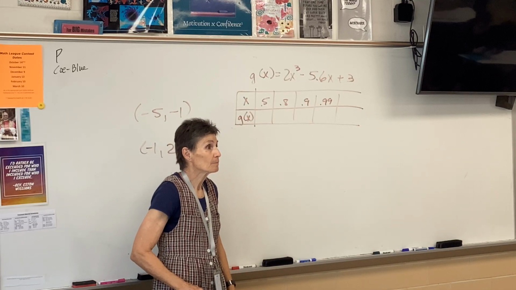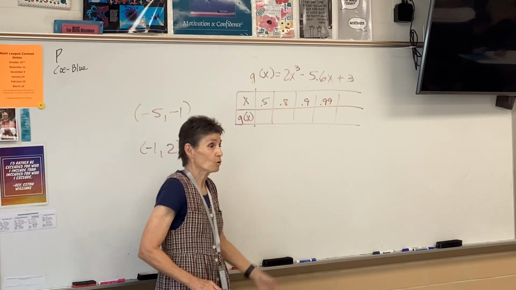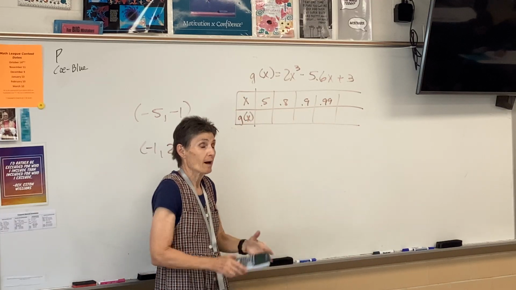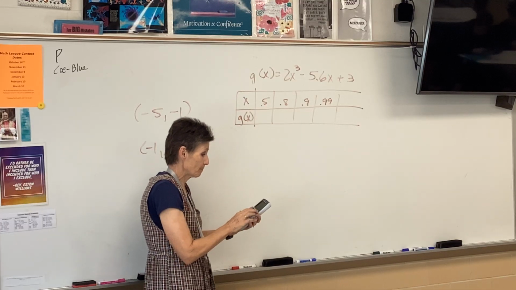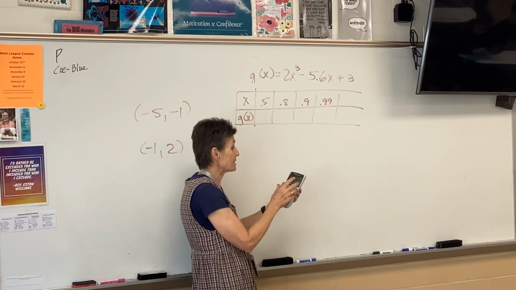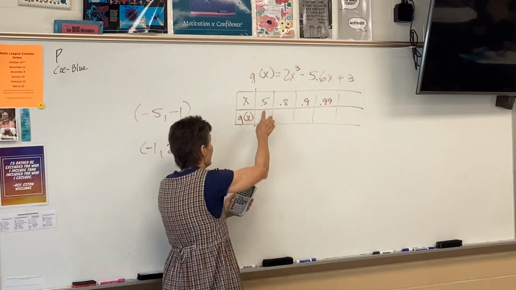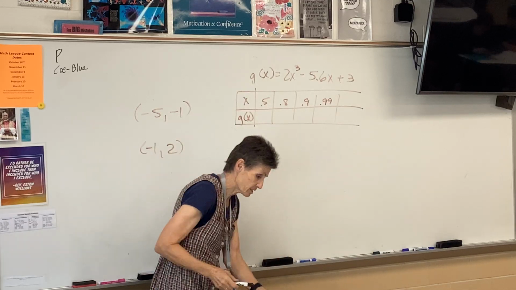Celeste? Plug the equation into your calculator and then find... And then, so like do value? Yeah. So if you type that equation in on your calculator, and then do second trace value and put 0.5, it will tell you that that is 0.45.